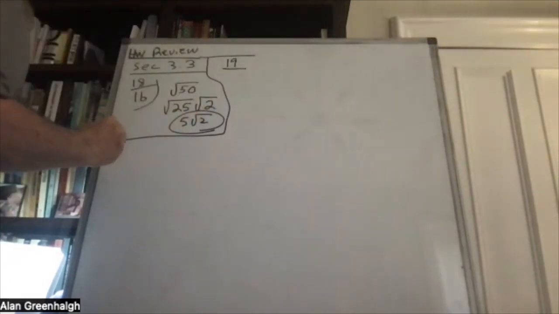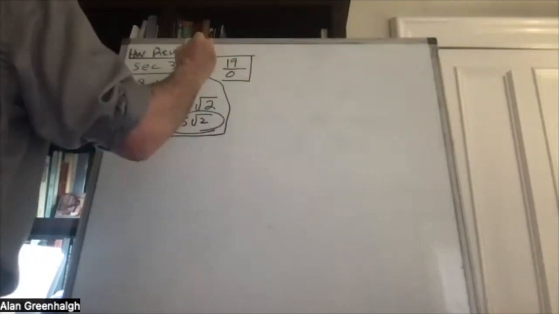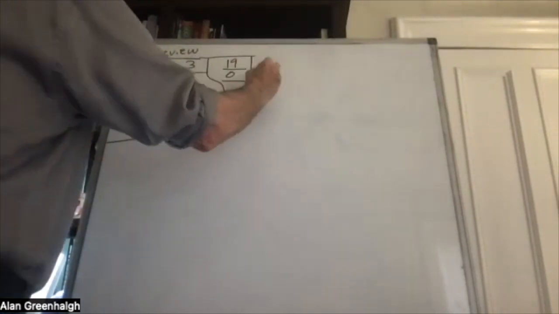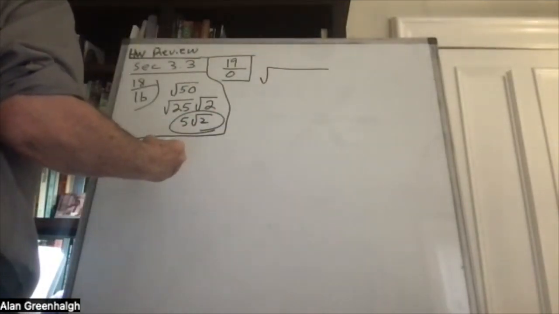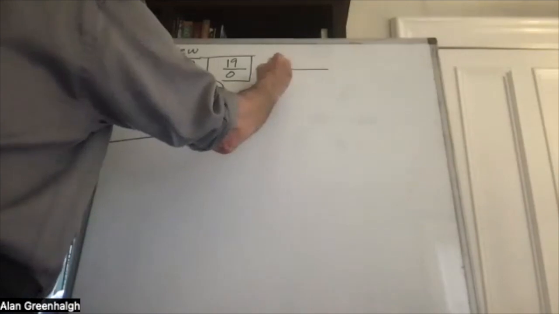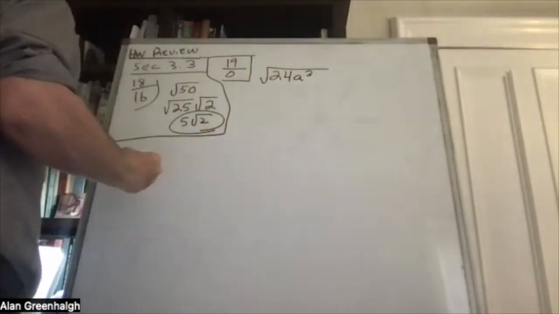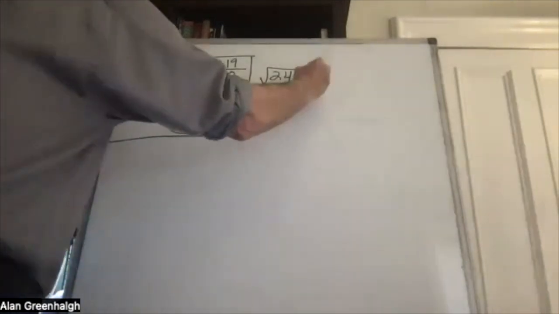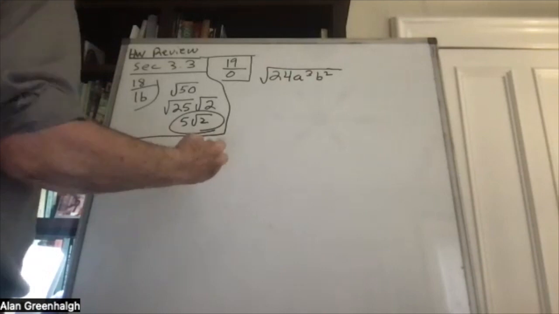Problem O is a very similar problem to what we've already done. 24 a to the third, b to the second, c to the fifth.